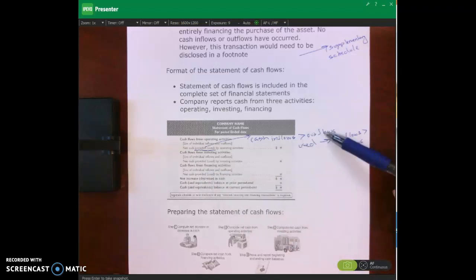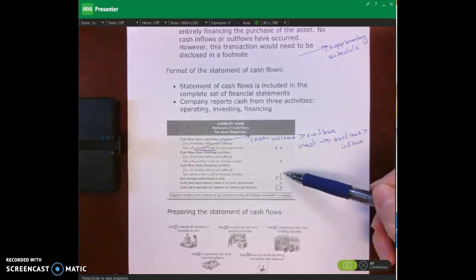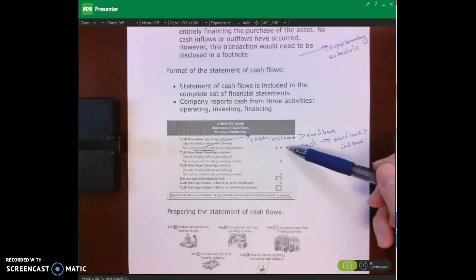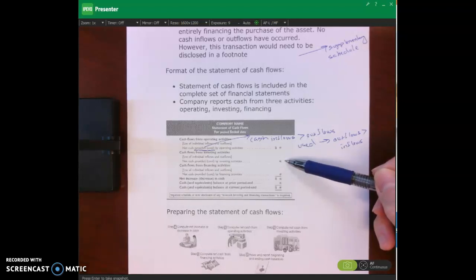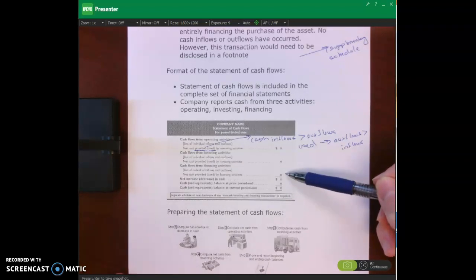Are inflows greater than outflows? We say provided. Outflows greater than inflows? We say used. And then we add up the total cash used or provided by operating, total cash used or provided by investing, total cash used or provided by financing.